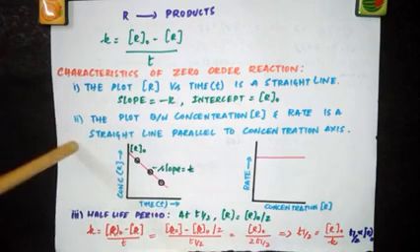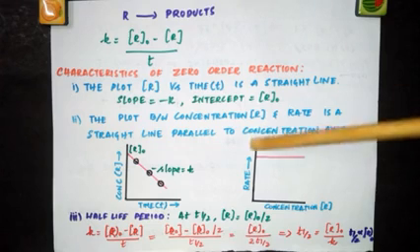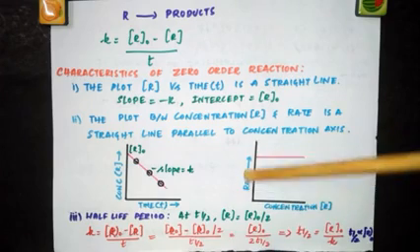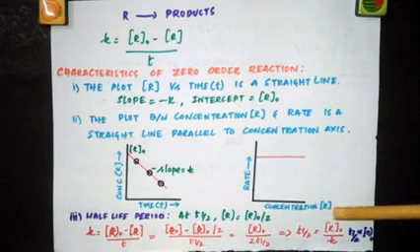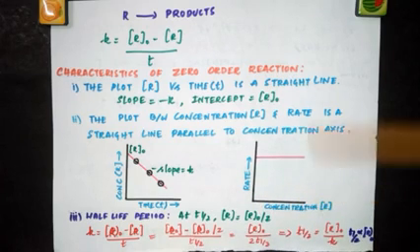And the second point, when you draw a graph between concentration of the reactant and the rate of the reaction, you will get a straight line, but that line will be parallel to the concentration axis. Now see, you're drawing a graph between the rate of the reaction and the concentration of the reactant. We will be having different concentration at different times.